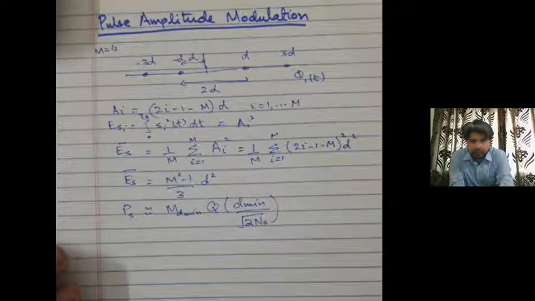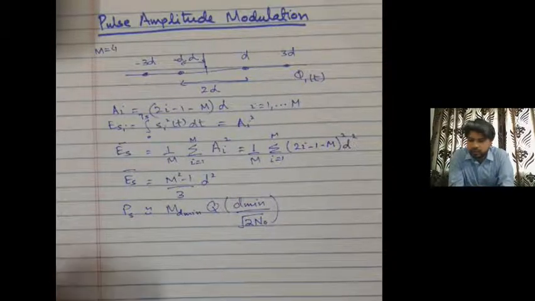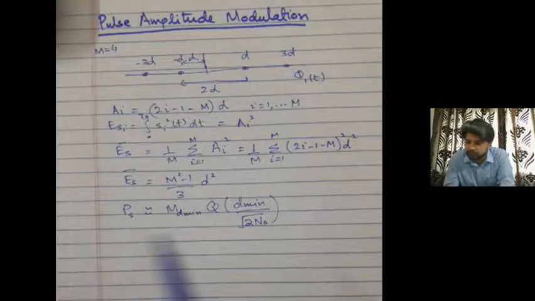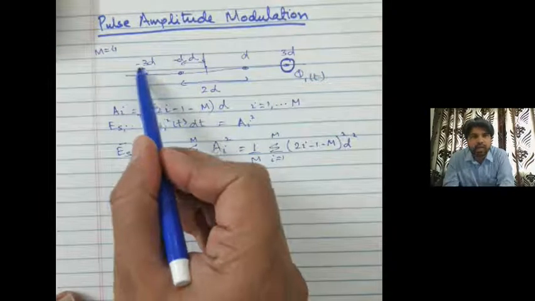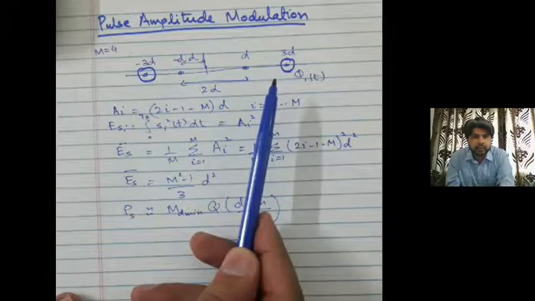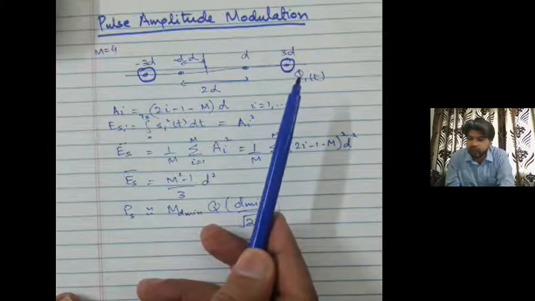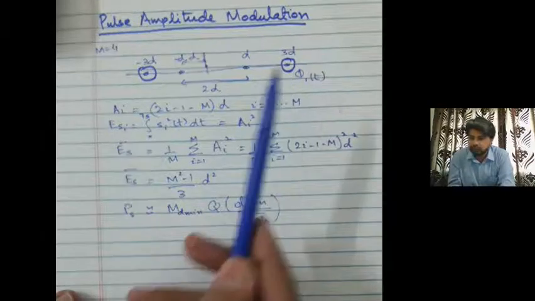So this is a peculiar kind of situation where all but two constellation points would have two nearest neighbors, but the last constellation point, for example, in this case, this one or this one, only has one nearest neighbor. All other points except for these two constellation points would have two nearest neighbors.